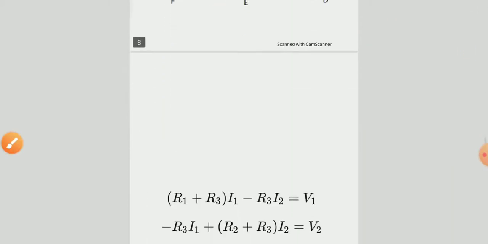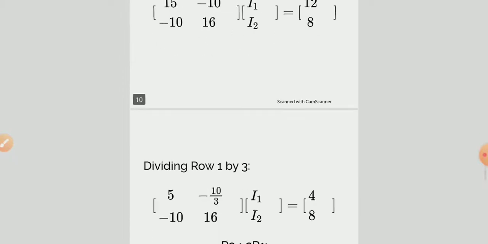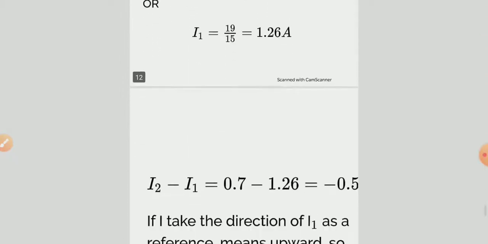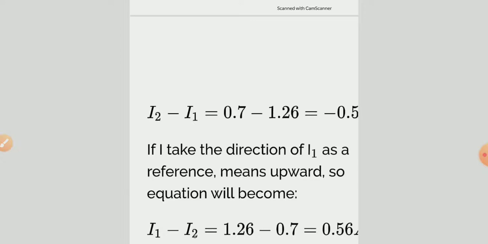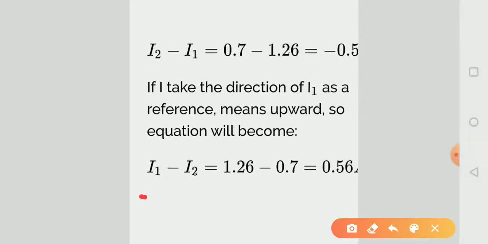After calculating, we find it is 0.7 minus 1.26 equal to minus 0.5 ampere. If I take the direction of I1 as a reference, meaning the upward direction, the equation becomes I1 minus I2. In this condition, the current in resistance R3 is 0.56 ampere.